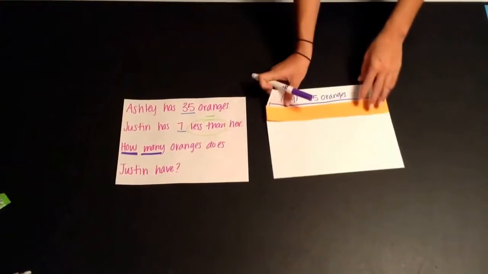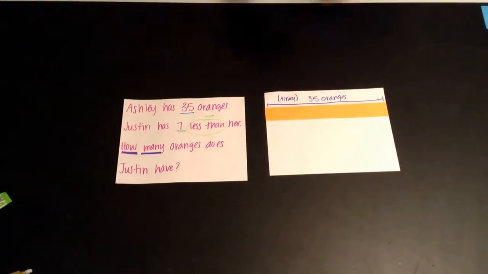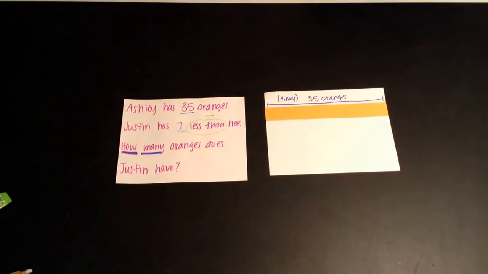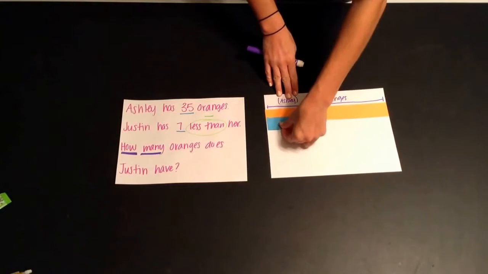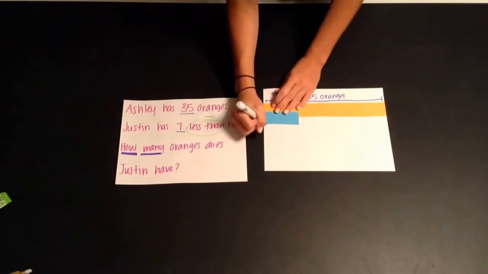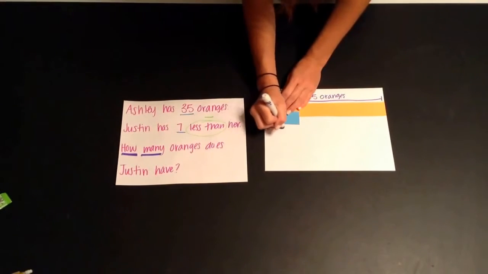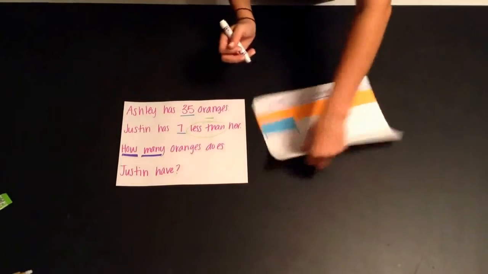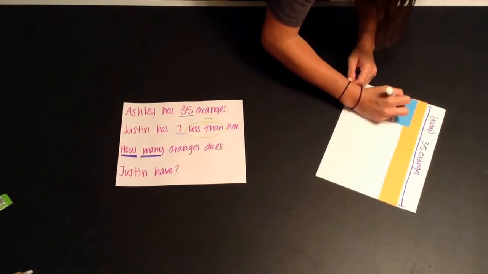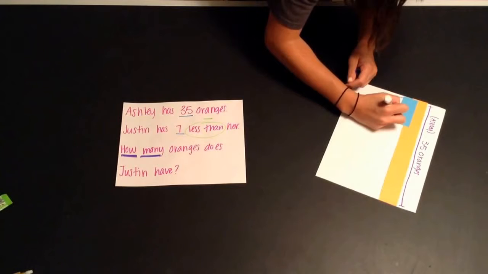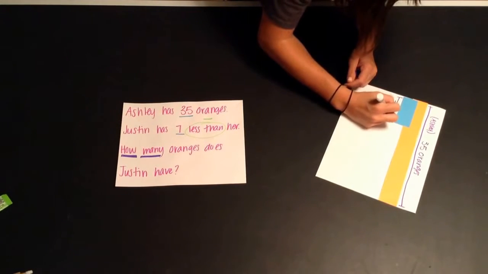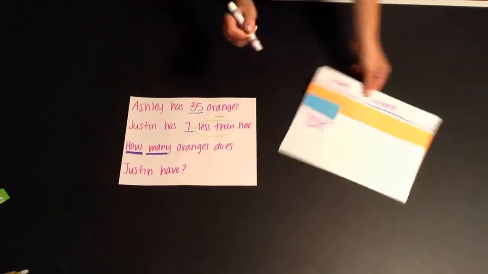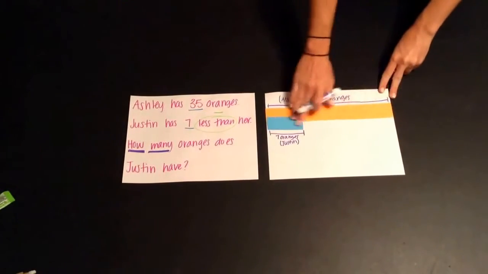Alright, so our total amount is going to be 35. And if Justin has 7 less, we have this piece of paper, it's going to be 7 less. So this amount is 7 oranges, which is Justin's. How much does this leave us with?